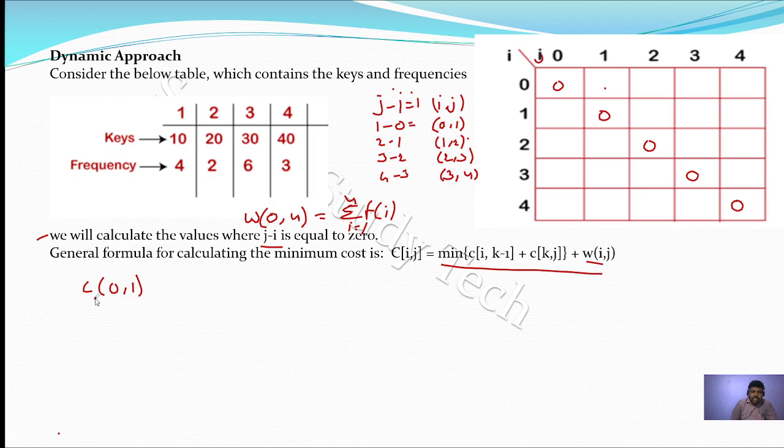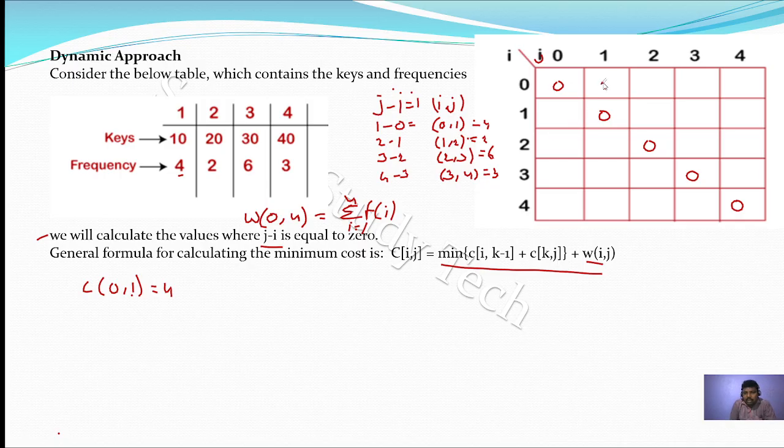Now C of 0 1 means we ignore this one and consider only one key, that is 10. The frequency is 4, so here it is 4. Here it is 2, here it is 6, here it is 3.